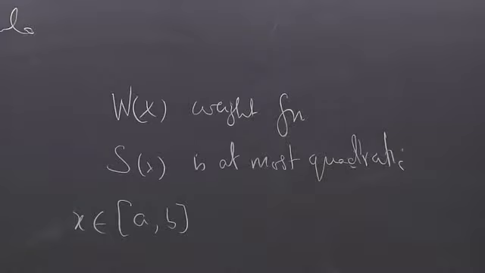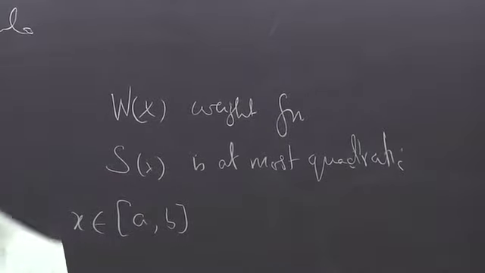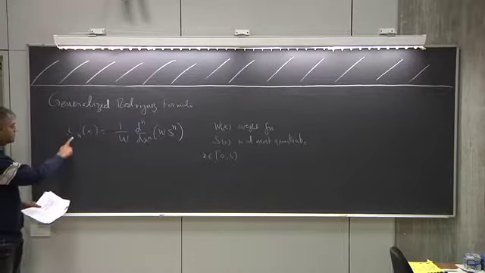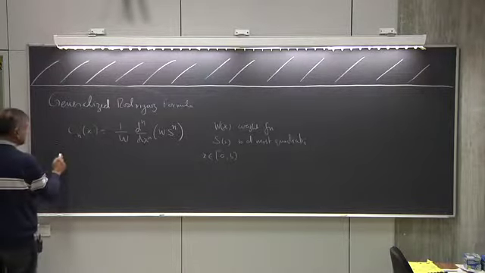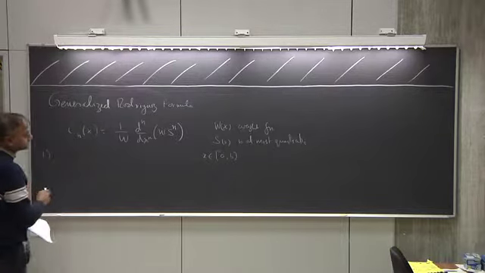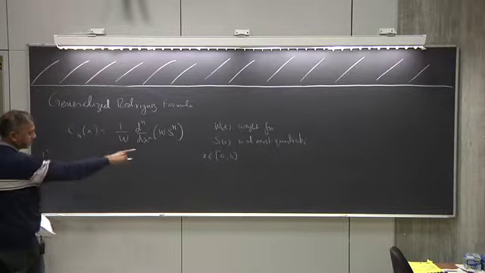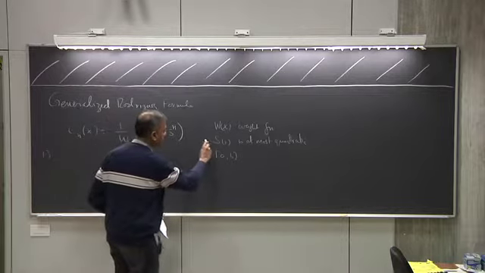Okay, and these functions had to satisfy certain conditions, and if they satisfy those conditions, then we went through the proof that the Cn x's are orthogonal to each other. So the conditions were, first of all, s of x is at most quadratic.